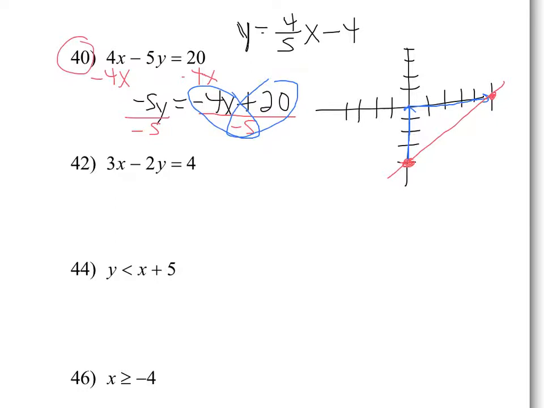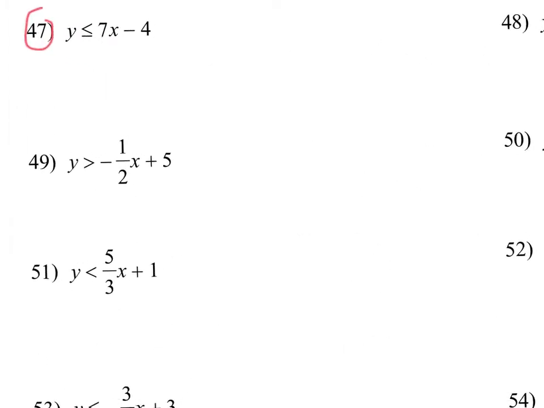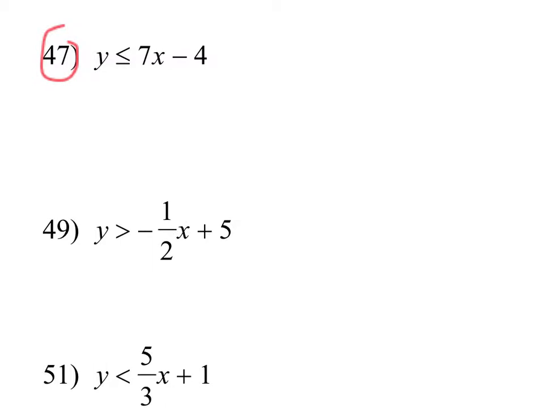Now sometimes, so we're going to look at 47. Now inequalities are graphed the same way with a couple exceptions. Get my nice little graph here. My y-intercept is negative 4.